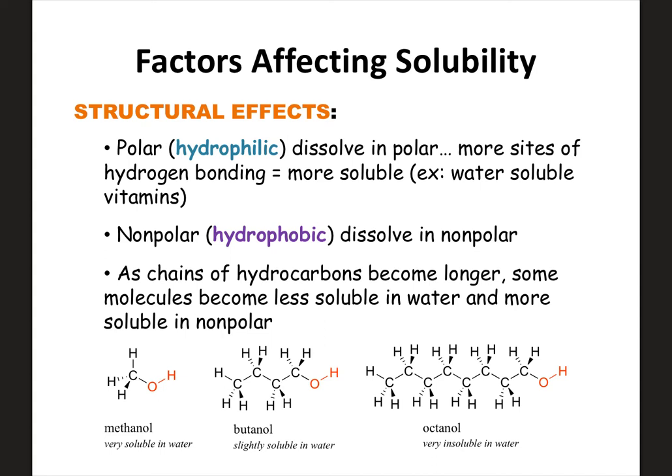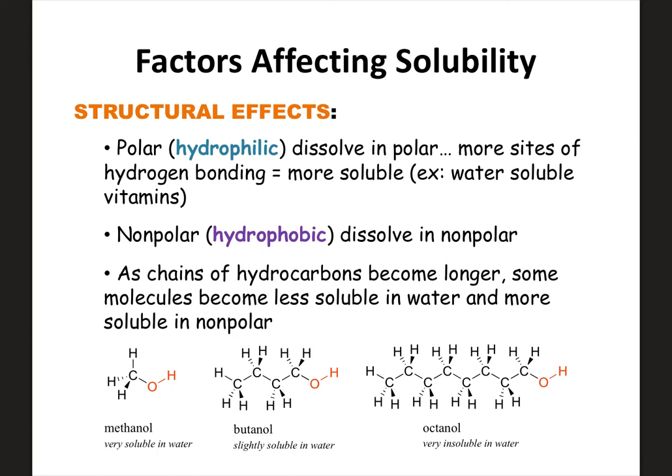So if you're comparing substances and you see that a particular substance has more sites of hydrogen bonding than another substance, the substance with more sites of hydrogen bonding is probably going to dissolve. There are some vitamins that are water soluble because they have a lot of sites of hydrogen bonding.